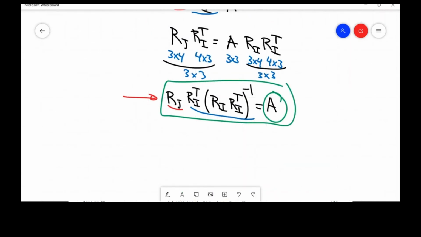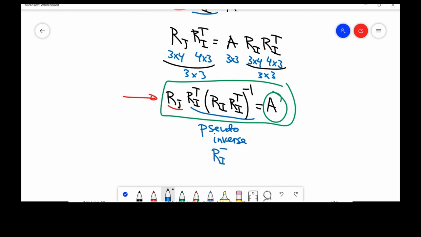Actually, that quoted inverse is called the pseudo inverse, and sometimes it is denoted like Ri minus. Okay, so now we know how to find that matrix A.